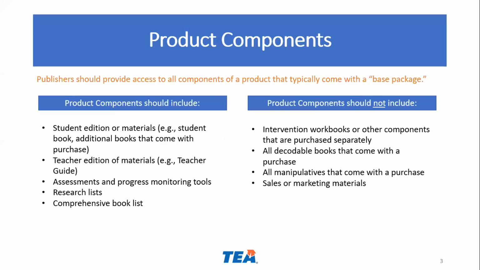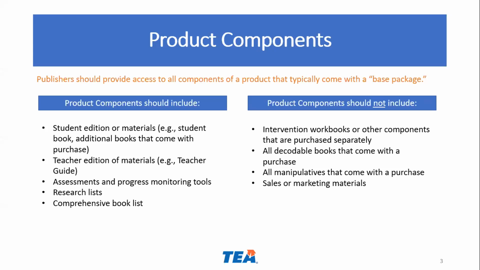To get us started, I'd like to just talk first about product components. When we're asking for publishers to provide access to all components of a product that typically comes with a base package, what we're defining as the base package is the version of materials that contains the most basic components of the product, in which every package would have those materials.